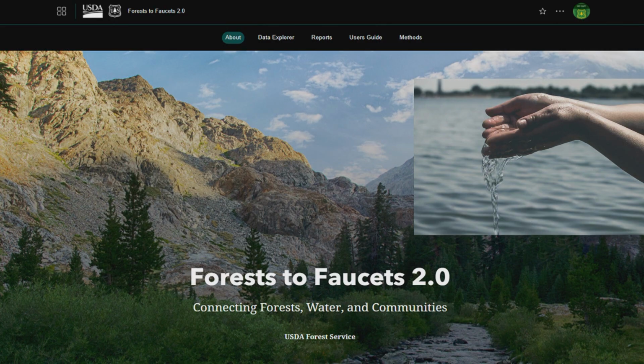You turn on the faucet, where does the water come from? Actually, most of the water comes from forest land. With all the modeling and research over almost a century of forest hydrology research in the States, we have modeling to show 50% of surface water actually comes from forest land.